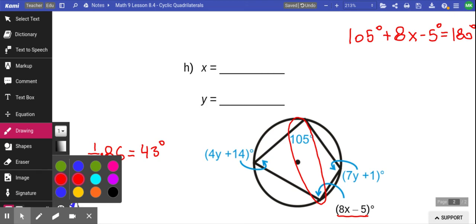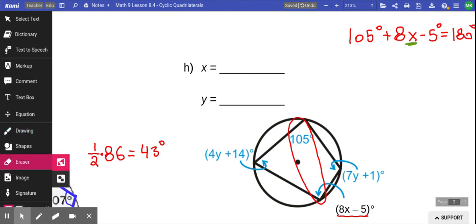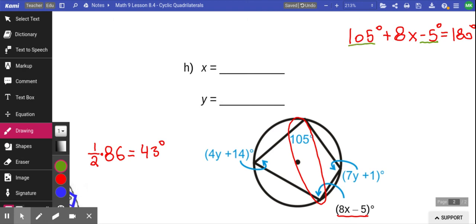Now, in this case, we're trying to solve for x. This is a bit of review from the previous unit on how to solve for a variable when you have an equation. Solving for x means I want to get x by itself. To do that, I want to move everything else to the other side of the equation.